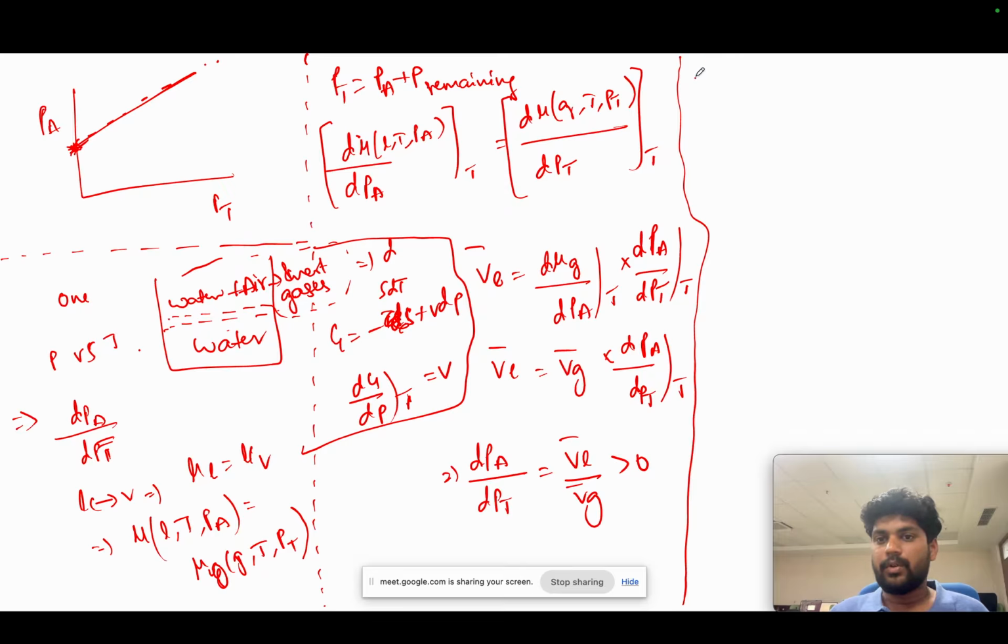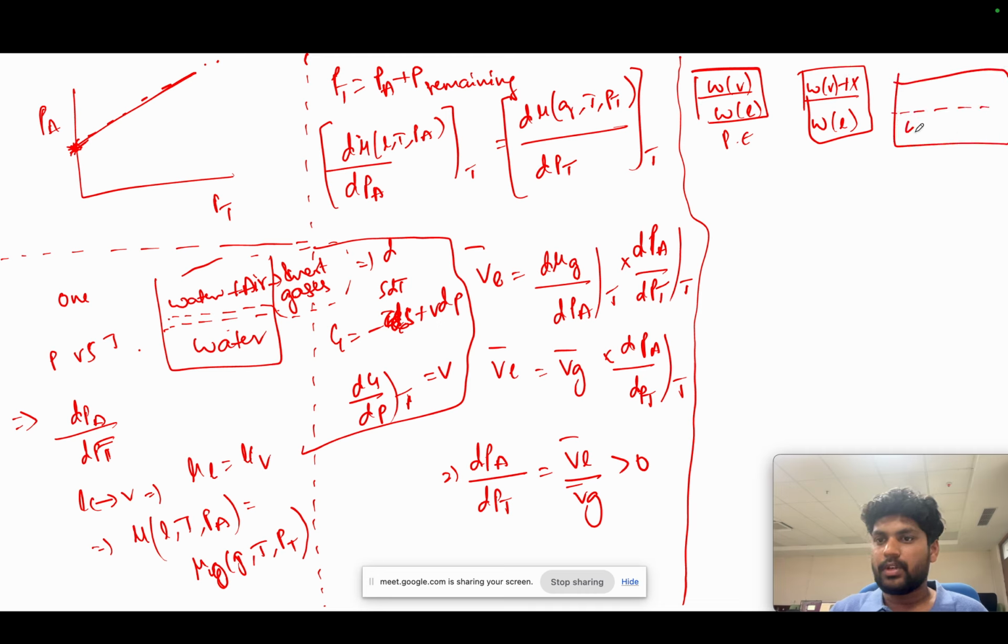So now what we will do is, say initially we have only one phase, water in liquid, water in vapor. This is nothing but phase equilibria. Then we discussed water in liquid, water in vapor plus X molecules. Now we will take any component, let's say methanol or ethanol in liquid, and water in gas plus ethanol in gas.